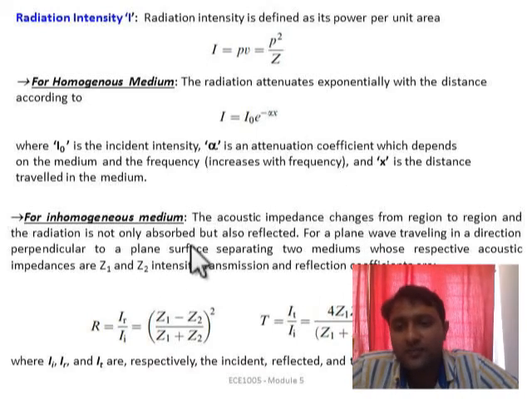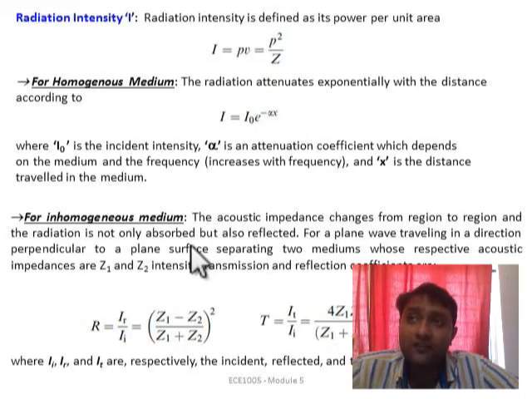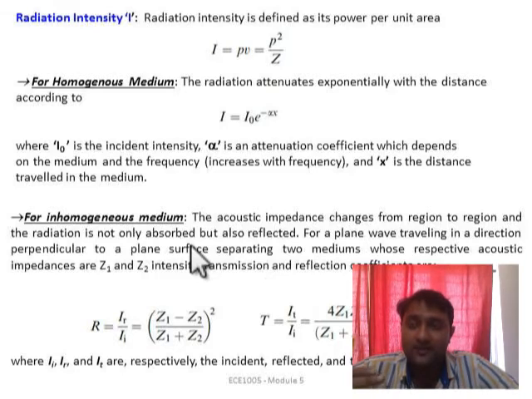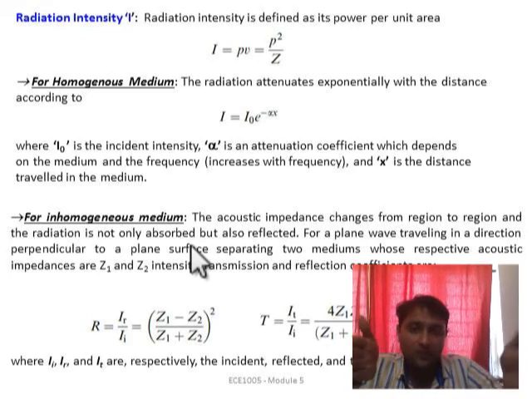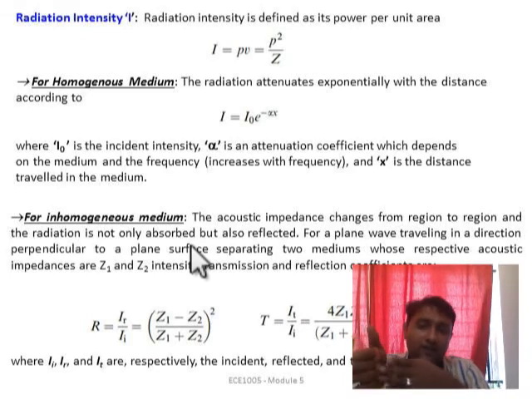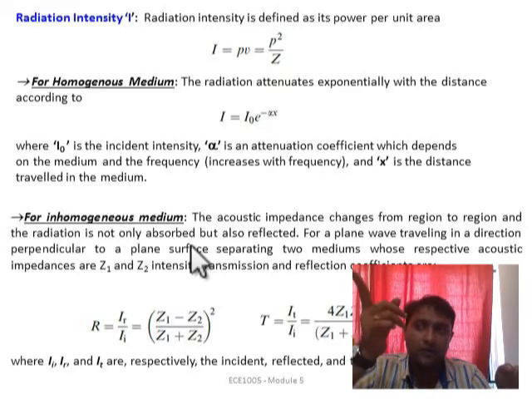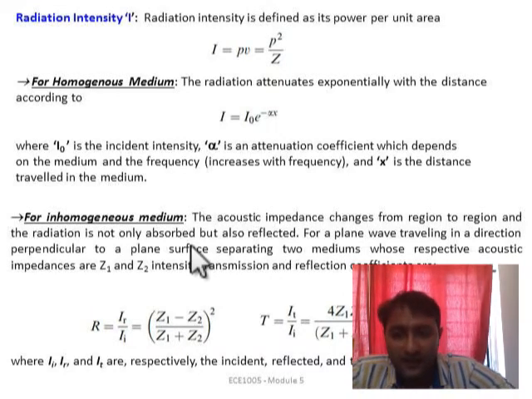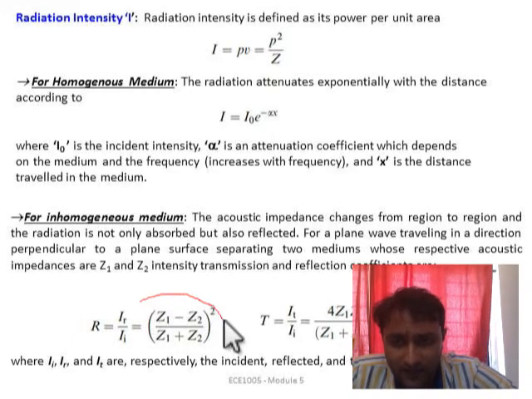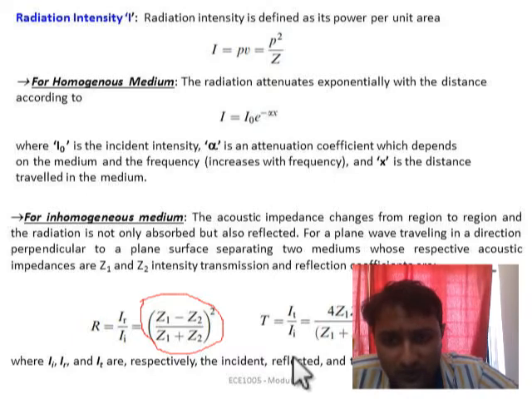But in an inhomogeneous media, wherein the impedance offered is not the same, that is, you have a Z1 and a Z2, and the object is here. This happens mostly in the case of transmission. A wave hits and transmits, so it encounters two media, Z1 and Z2, and the ratio is given by the mathematical equation: Z1 minus Z2 by Z1 plus Z2, whole squared.